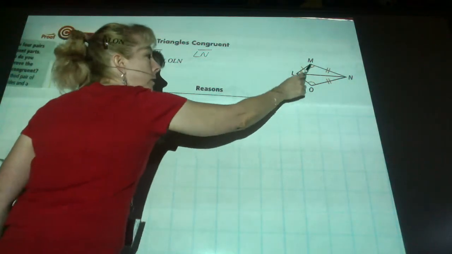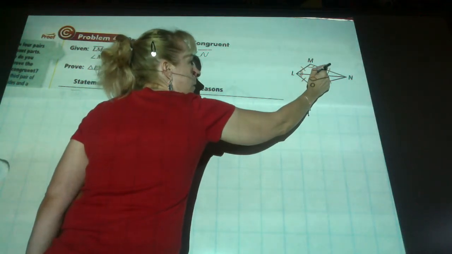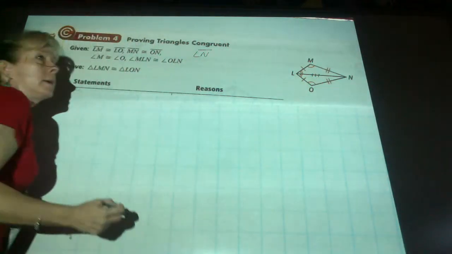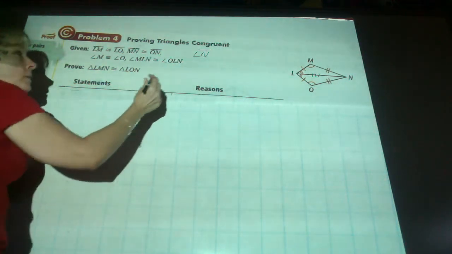The 2 triangles share side LN, don't they? And what did we learn from the last proof that we just did? Yeah, but the reasoning we don't know, because it really wasn't the last proof that we did, it was that example that we had. You don't know the reason for this yet, but let's write it out and see if you can figure out the reason.